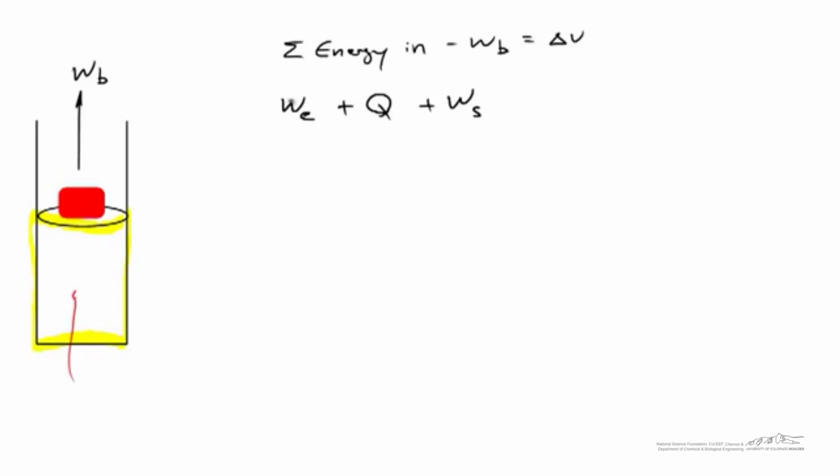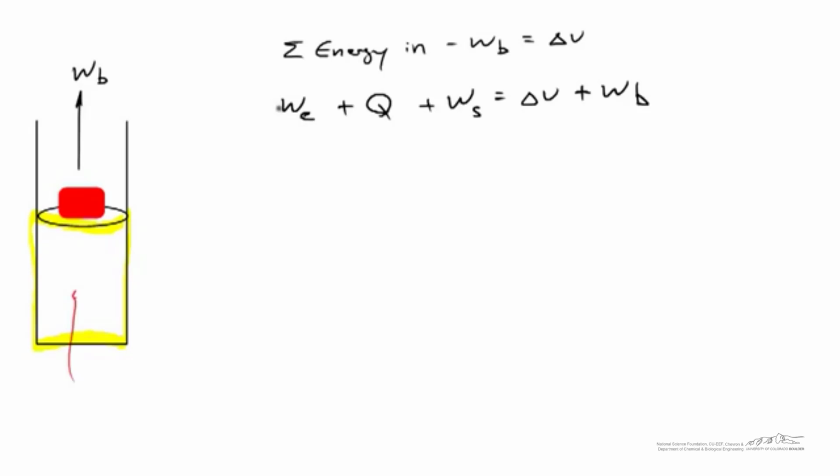So if we had a kilojoule of electrical work, a kilojoule of heat, and a kilojoule of shaft work, we would expect the internal energy plus the boundary work, so delta U plus the boundary work, the sum of these two, to increase by 3 kilojoules.